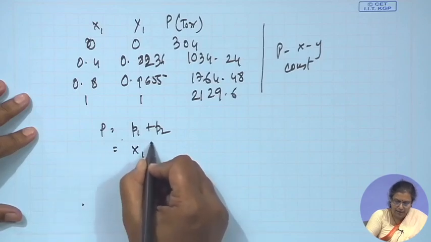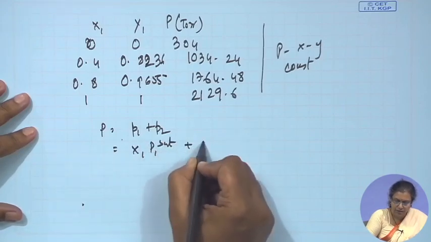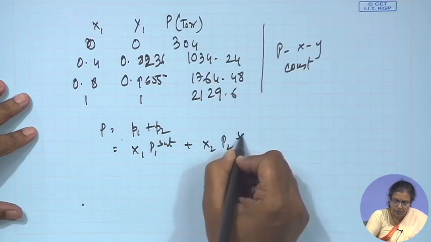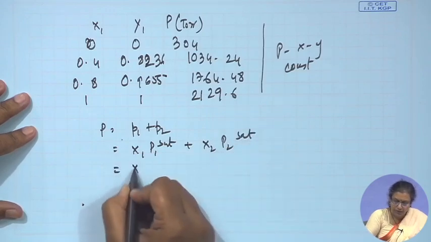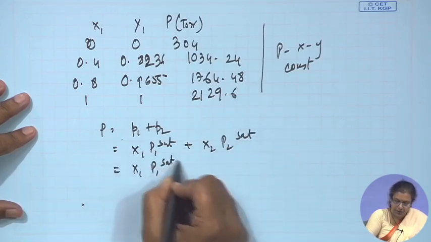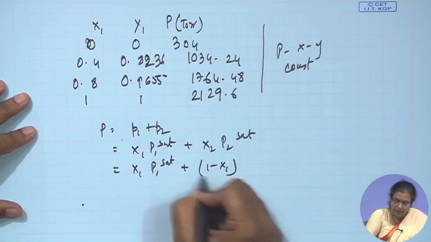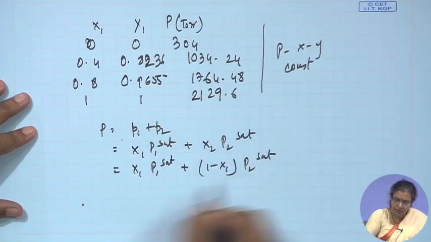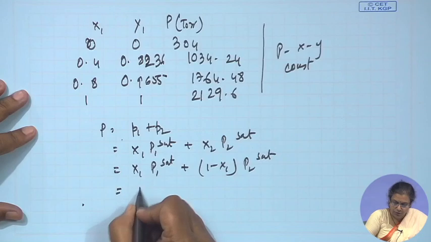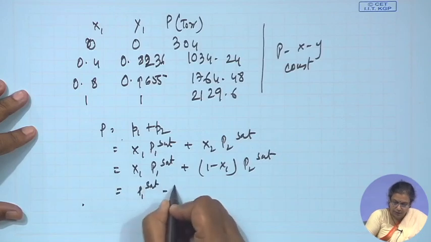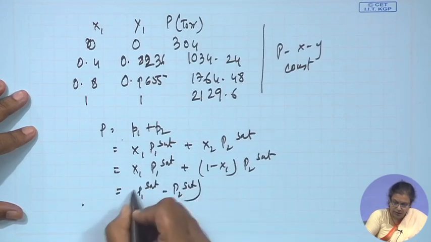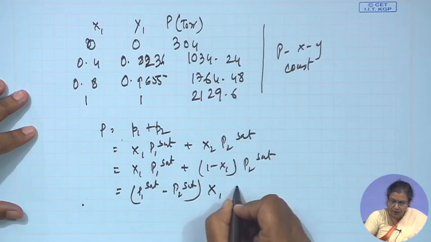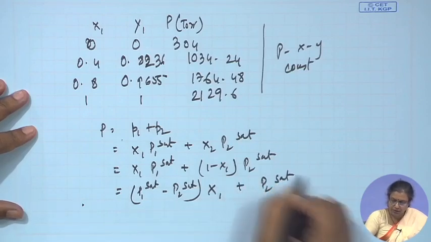What is this? x1 P1 saturated plus x2 P2 saturated, or in other words x1 P1 saturated plus 1 minus x1 times P2 saturated, or in other words P1 saturated minus P2 saturated, times x1, plus P2 saturated.